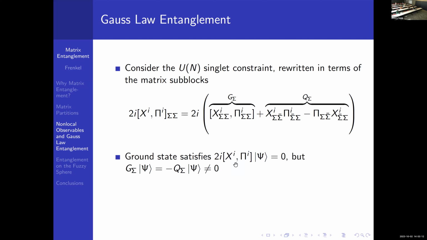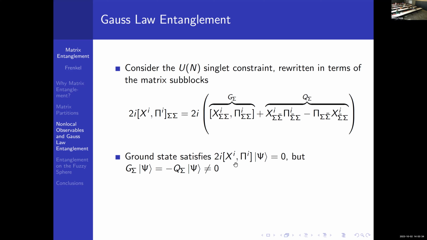And the ground state satisfies this expression. It's annihilated by all N squared generators of the global U(N) symmetry, but it is not going to be annihilated by the generators of the subgroup of U(N) that corresponds to the matrix degrees of freedom in the subregion.